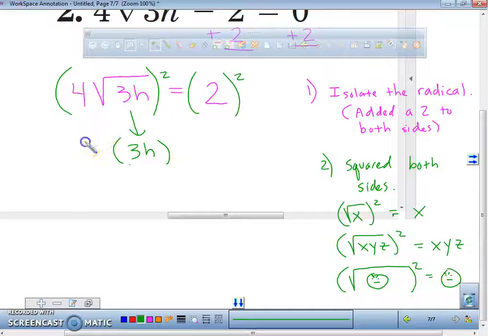But what do I have to do with the 4? I also have to square the 4. So this is going to be 16 times 3h equals, and what is 2 squared going to equal? 4. So you got to be careful. If you start by squaring both sides, because you have the radical isolated, you can't forget to square the number that's on the outside of the radical.